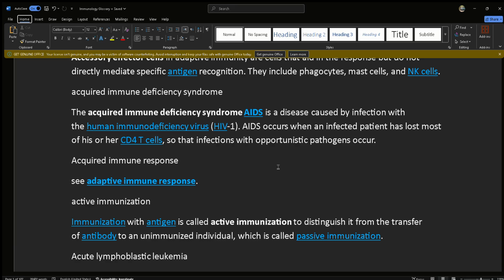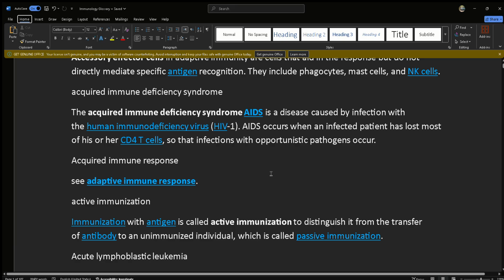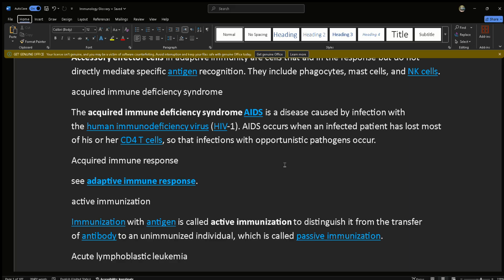They help our body in defense against viruses, bacteria, and pathogens. In AIDS, the HIV infection destroys these T4 lymphocytes, and then our body is not able to defend itself against opportunistic pathogens. AIDS stands for acquired immunodeficiency syndrome, and HIV stands for human immunodeficiency virus.